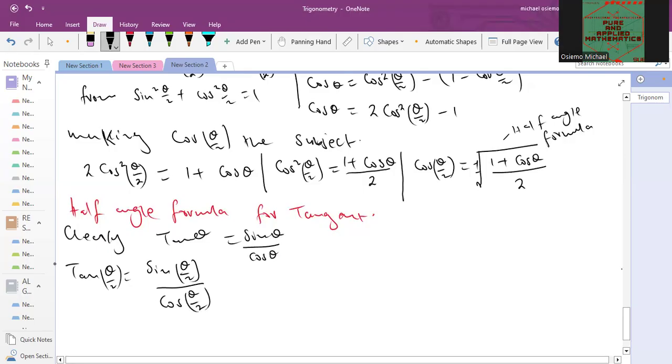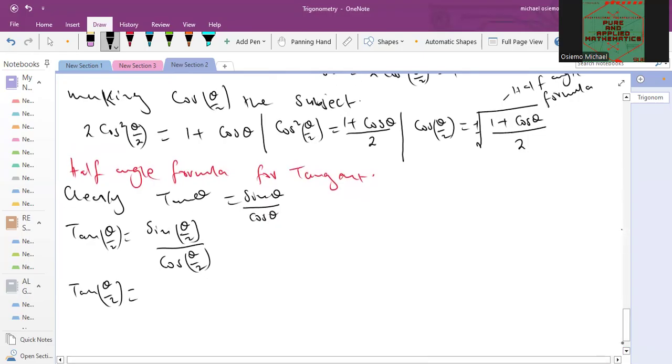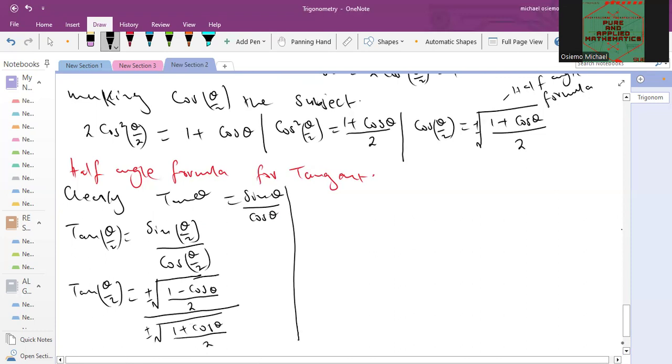So here you're going to have tan theta over 2 being equal to plus or minus the square root of 1 minus cos theta over 2, divided by plus or minus the square root of 1 plus cos theta over 2. If you simplify this one, what do you think we're going to get?